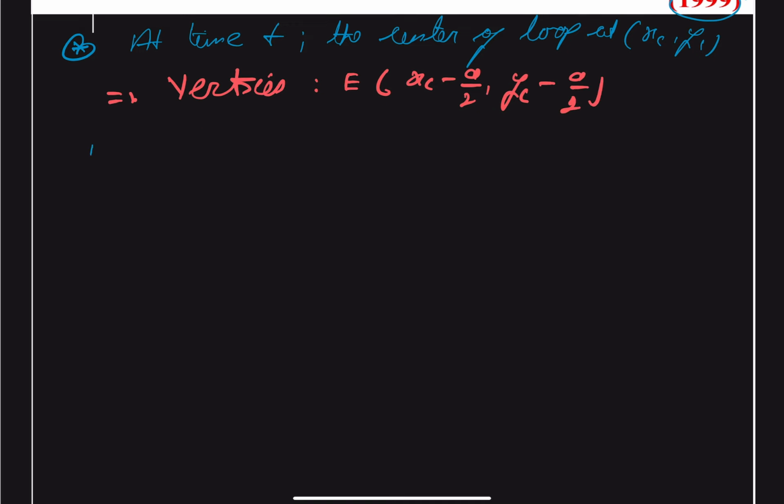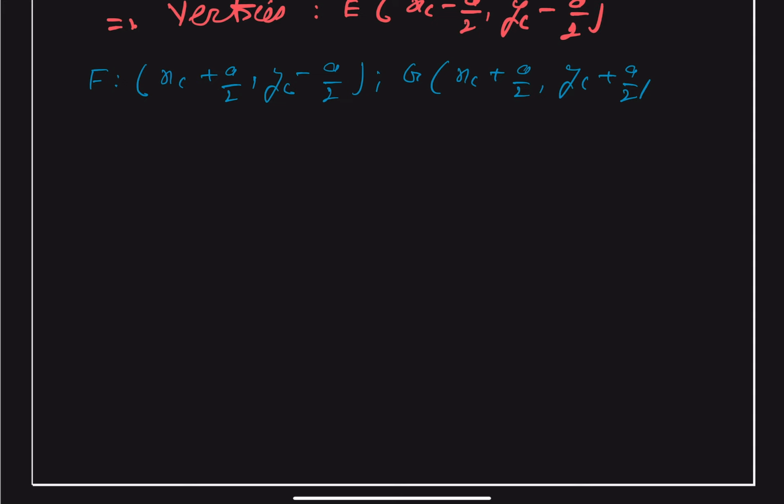For vertex F, we can write xc plus a by 2, yc minus a by 2. For G, we can write xc plus a by 2 and yc plus a by 2. And finally, our H vertex will be xc minus a by 2 and yc plus a by 2.